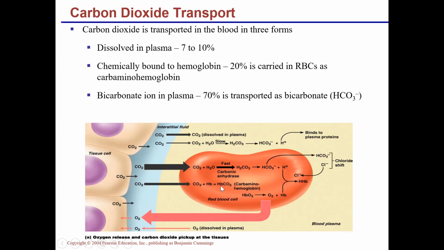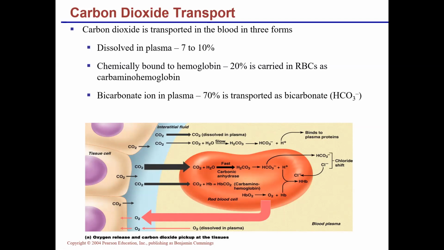If you remember the previous slide, we said about 23% of CO2 can travel this way. So just the CO2 binds to the hemoglobin. And then the third arrow here: CO2 diffuses into the plasma and directly dissolves in the plasma. This one is probably about 7%.